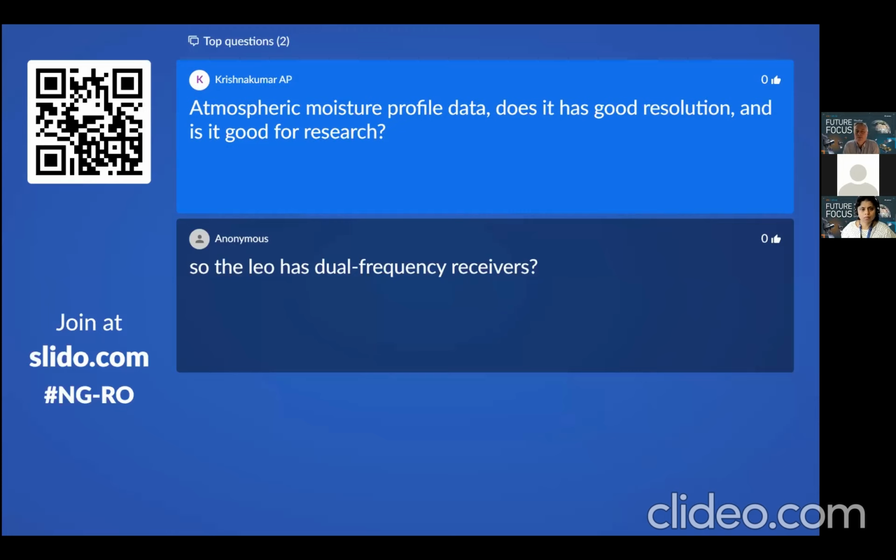At the same time, if you are going into the troposphere, the error bars of the measurements themselves get larger, so the error bars of the moisture profiles are getting larger. But there are a large number of projects and papers being written on the quality of water vapor profiles coming from radio occultation sounding.